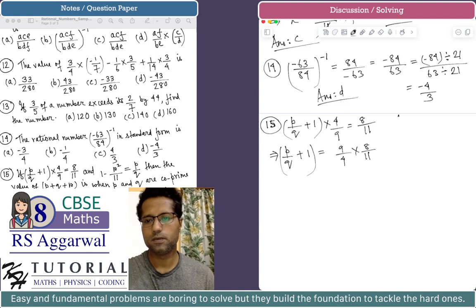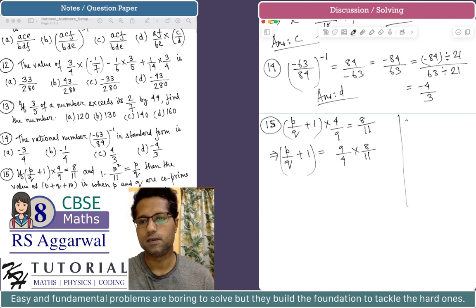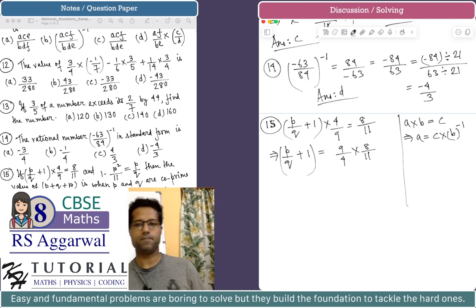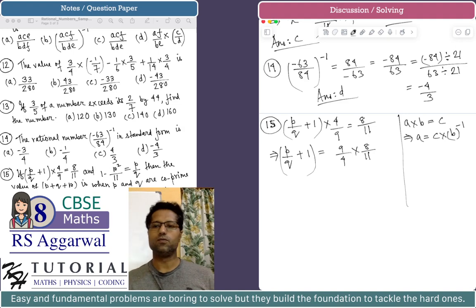We know that if you have something like this, A into B equals C, this will imply that A is equal to the right hand side multiplied by the multiplicative inverse of B. From A into B equals C, if you want to find A, then it will be C, the right hand side, multiplied by the multiplicative inverse of the coefficient of A.